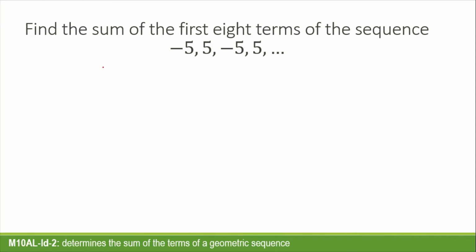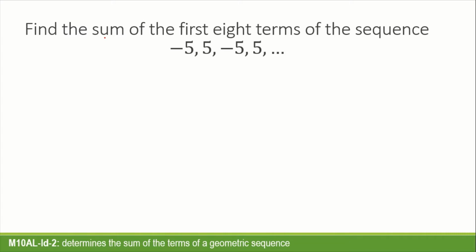So, since the common ratio is negative 1, gagamitin natin yung huling concept na pinresent ko kanina doon sa mga formula. Okay, and that is, ang sum ay nakadepende kung odd or even ang n natin. Now, ang n natin dito ay 8.